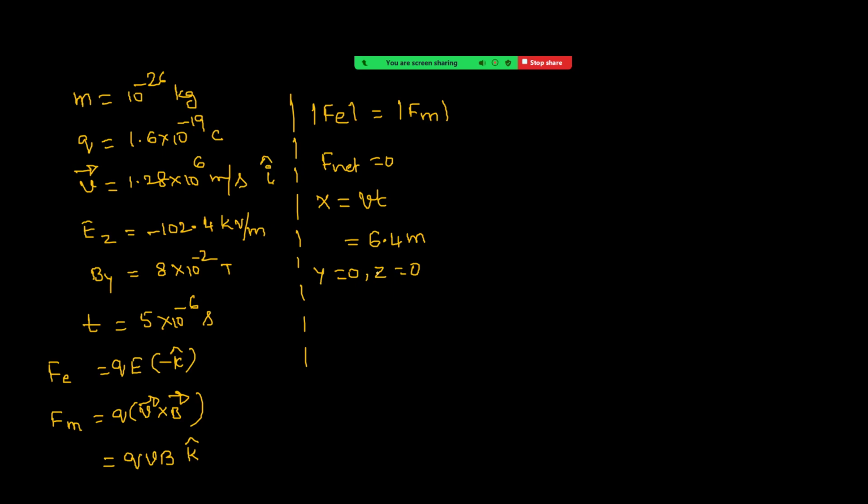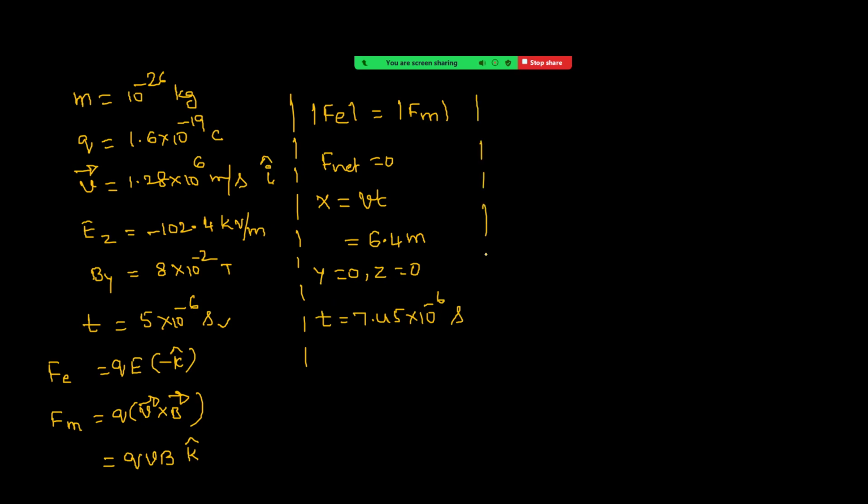Right? Now see the second part. If the electric field is switched off at this instant, what will be the position of the particle at t equal to 7.45 × 10^-6 second?